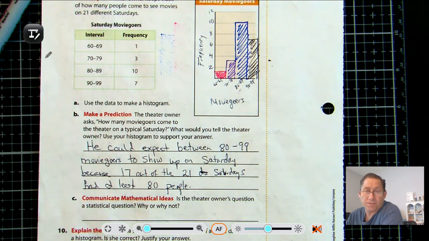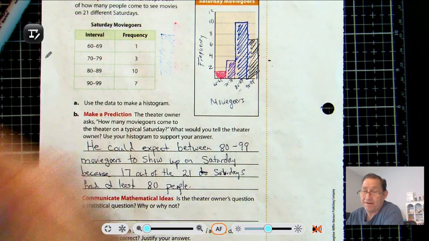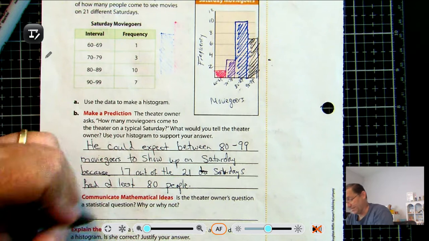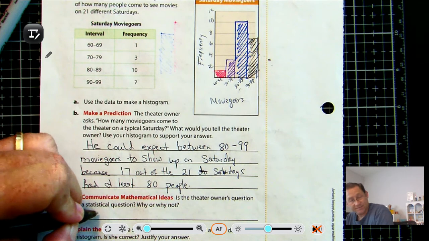Is the theater owner's question a statistical question? So in other words, does the data vary from day to day or from Saturday to Saturday? Yes. So this is a statistical question.